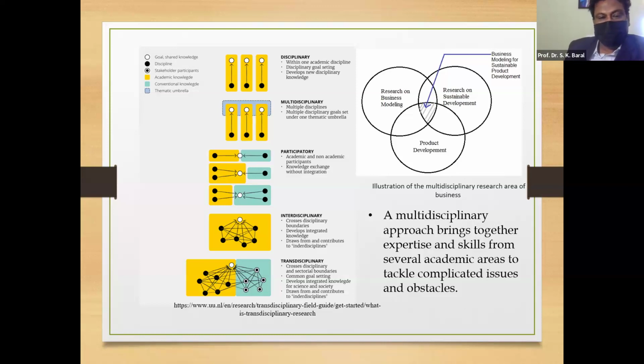Then you come to the interdisciplinary. Interdisciplinary is totally, you see, based on the academic value. The total color is yellow. You always remember when interdisciplinary research somebody is going to conduct, the entire research is based on academic knowledge because it crosses the disciplinary boundaries, develops integrated knowledge, and draws from contribution to interdisciplines.